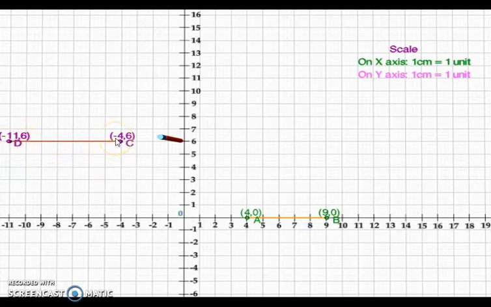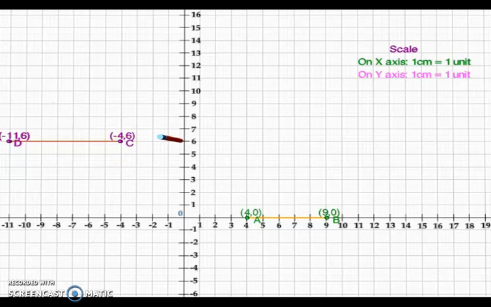So when I take the absolute value, it will be 7 units. So if the points are on the x-axis or on a line parallel to the x-axis, we get the distance between the points just by subtracting their x coordinates and taking the absolute value.